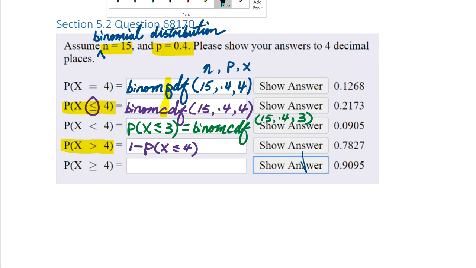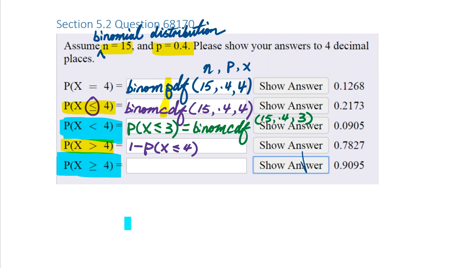Okay, last one. Notice the difference between this probability and this probability. Once again, they are the opposite of each other, which means, once again, I could use the idea of complement and subtract the probability of x strictly less than 4 from 1.